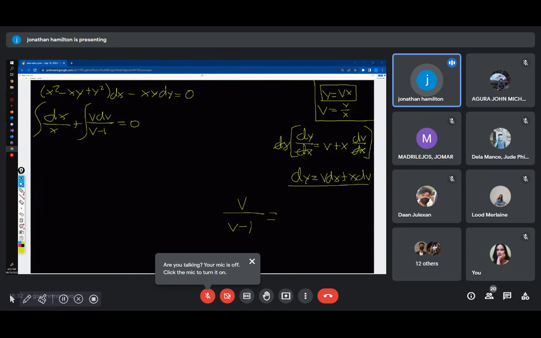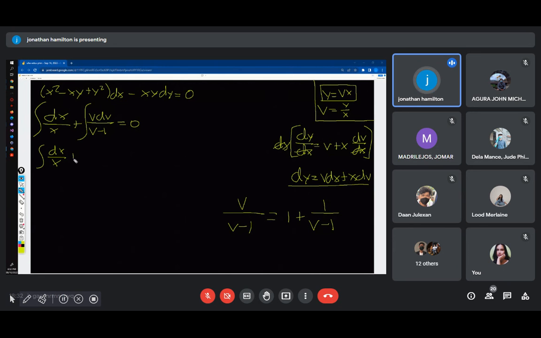We integrate term by term, finding the integrand, and then long division, so we can arrive at 1 plus 1 over v minus 1. Therefore, the integral of dx over x plus the integral of 1 plus 1 over v minus 1 dv is equal to 0.